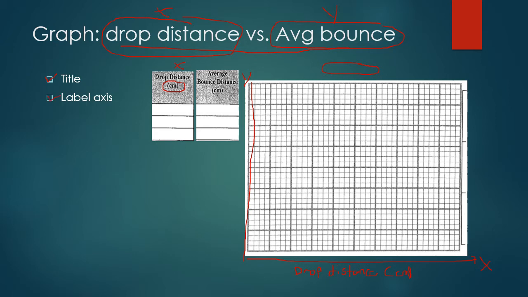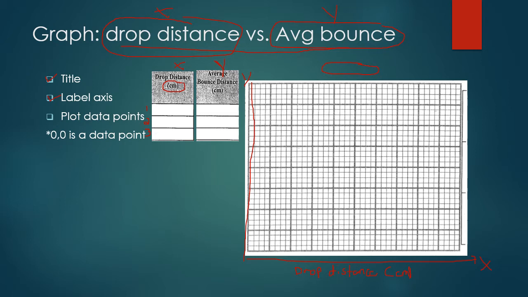Once you have the axes labeled, next you want to go ahead and plot the data points. Now to plot the data points, this is what we're using data table 1 for. Okay, so I said the drop distance was the x-axis. The average bounce distance was the y-axis. Now notice we have 3 different data points here.